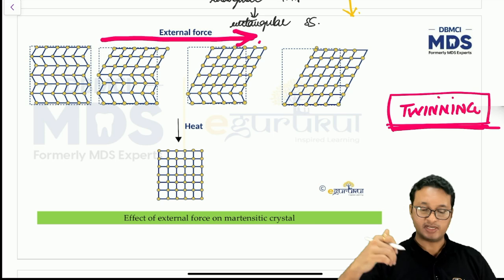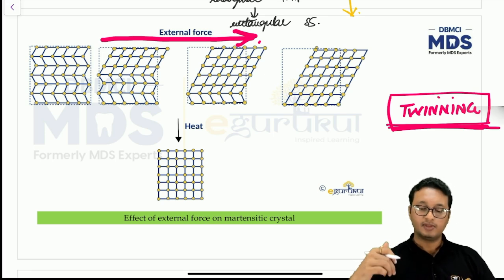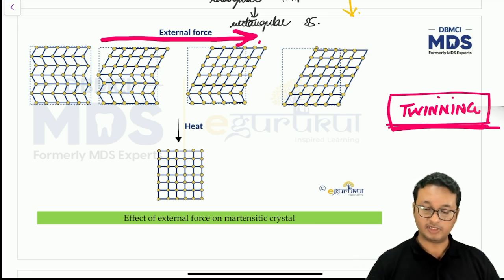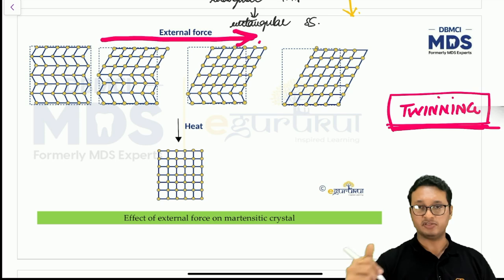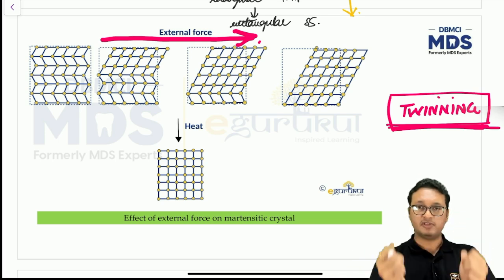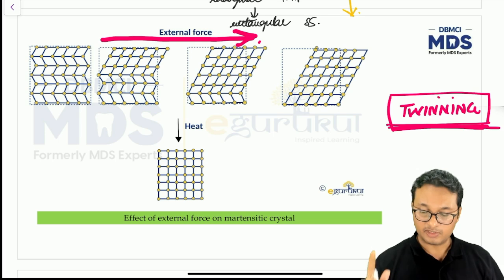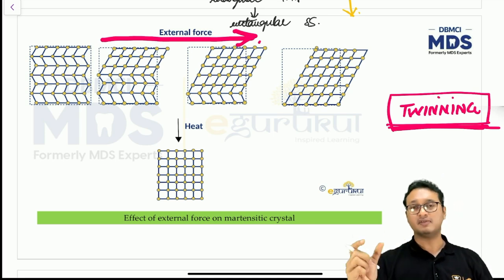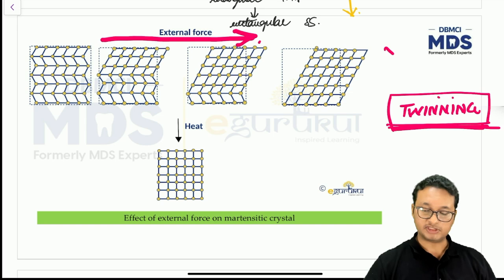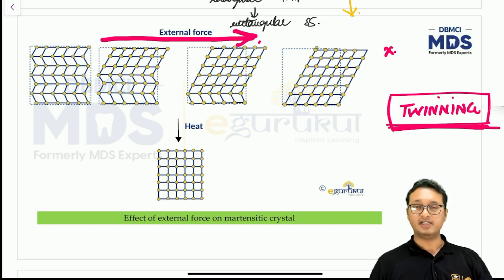The top layer of the molecules change the form. They also change the shape of the wire as well. But at the same time, you can notice that the relative position of the atoms or the molecules in relation to each other is not changing. So this process is known as twinning.